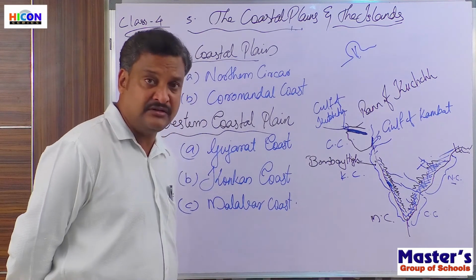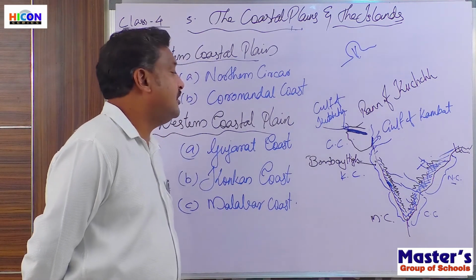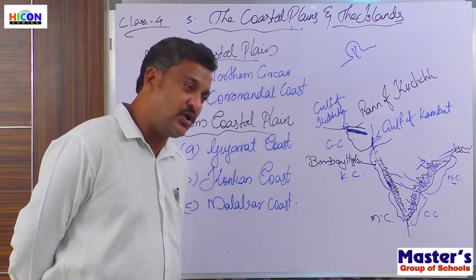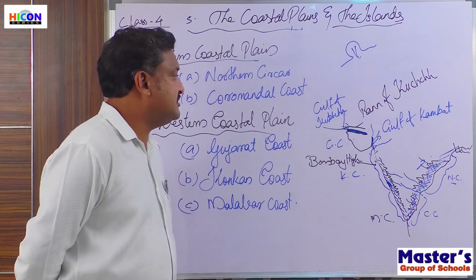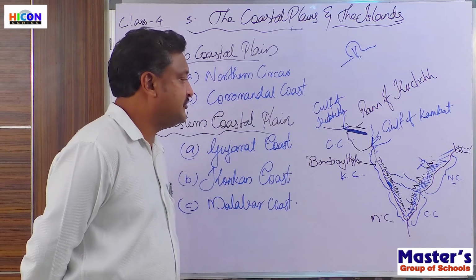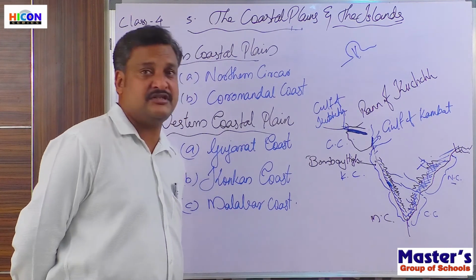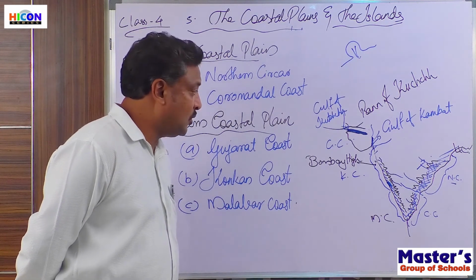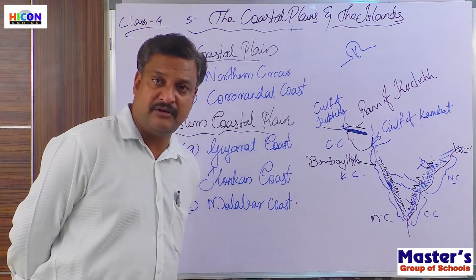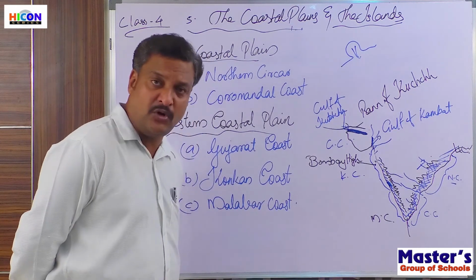The first is the Gujarat Coast, which is the coastal region of the state of Gujarat. The major features are the Gulf of Kutch and the Gulf of Khambhat over there. Gir Forest is located in that. Then the second is the Konkan Coast, which starts from the Gulf of Khambhat until the state of Goa.